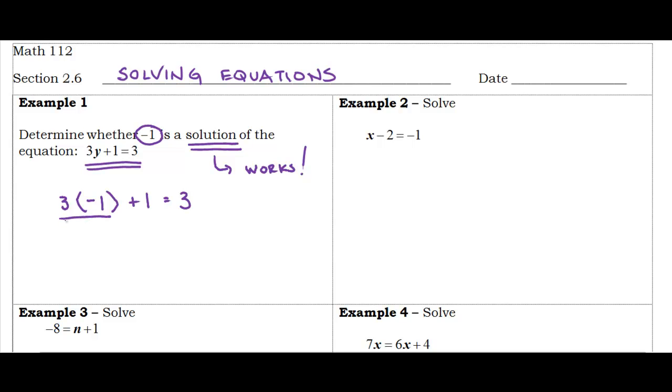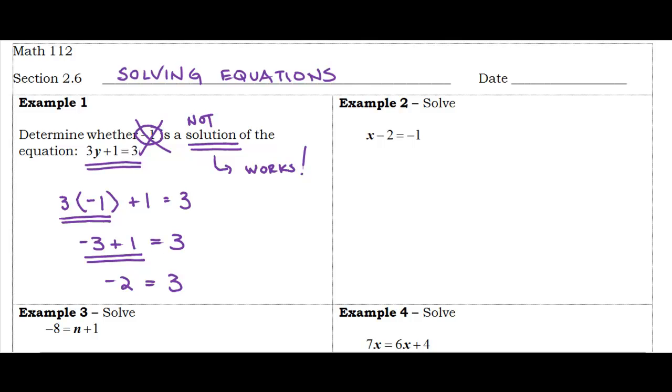What's 3 times -1? Copy everything else down. What's -3 plus 1? Is that the same thing as 3? No. Therefore, -1, what? Doesn't work. And in the words we have here, -1 is not a solution.